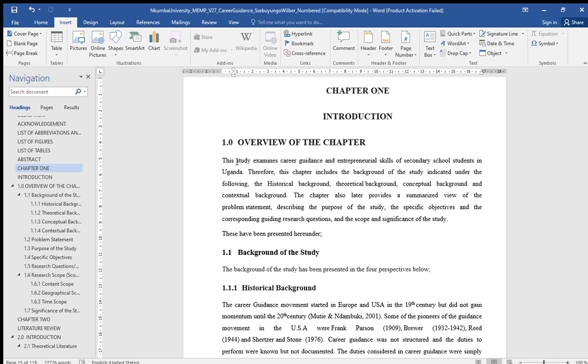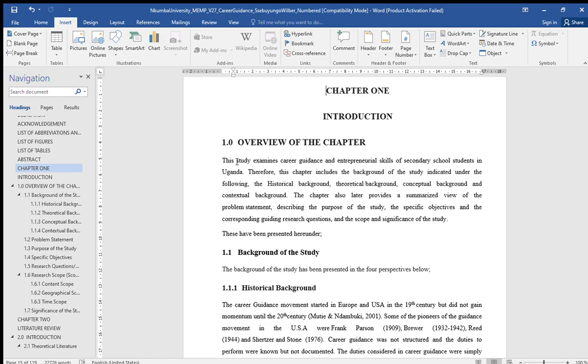You're going to mention, for example, that this chapter examines career guidance and the entrepreneurial skills of students in secondary schools in Uganda.